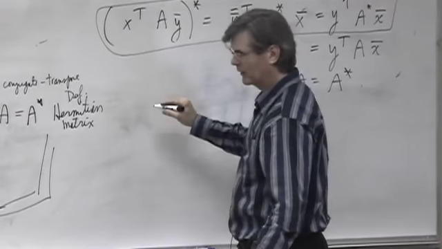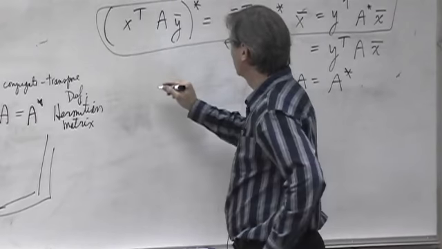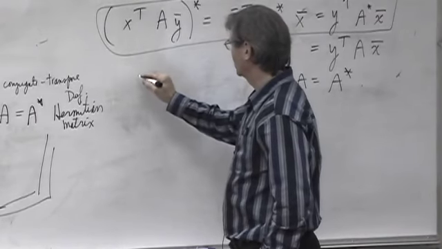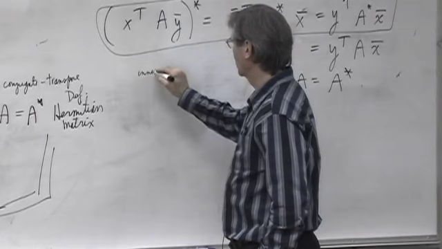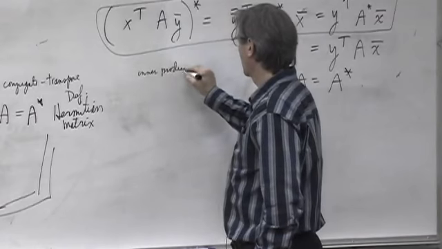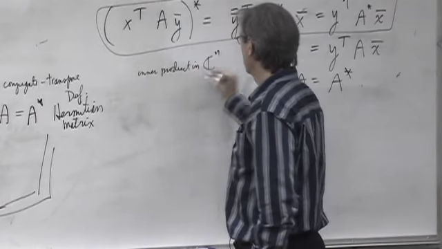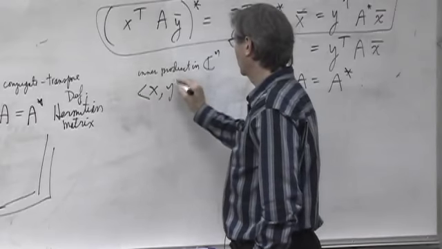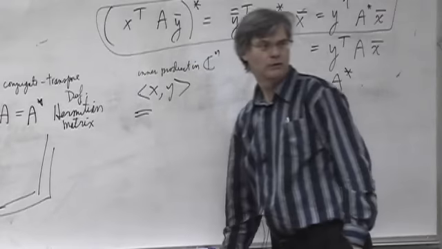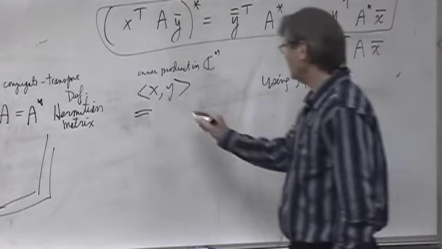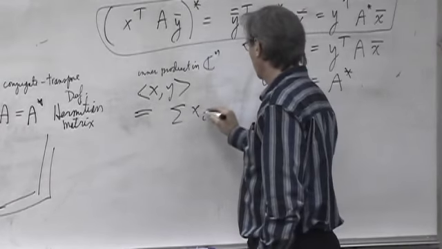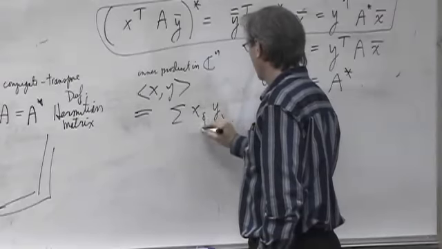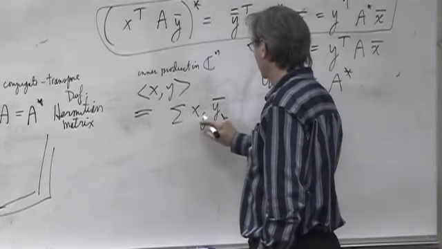So maybe I don't have these things written out the way I want it. What is the inner product in Cn? Inner product in Cn is simply equal to the sum of x_i y_j bar, right?